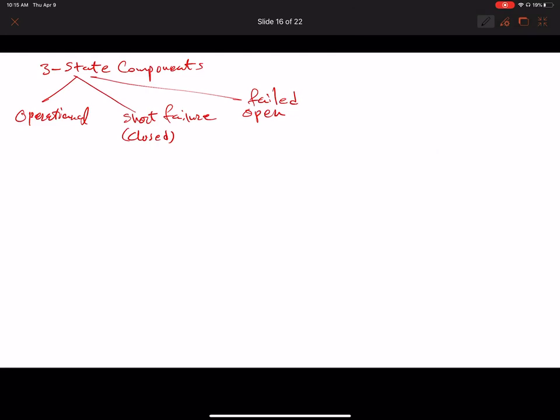So consider a switch in a circuit. The purpose of the switch is to connect these two nodes. So you can close it, you can open it. Once it's closed, the circuit is also closed. So the electricity goes from the battery to a light bulb and turns it on.